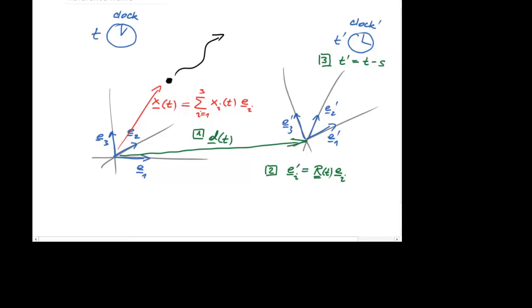On the previous page, I had given a formula for how time and the new reference frame are related to the original time and reference frame. And as for the time, the relationship was t prime is equal to t minus s. And one of you asked a very good question: is this really the most general way in which the new time is related to the old time?